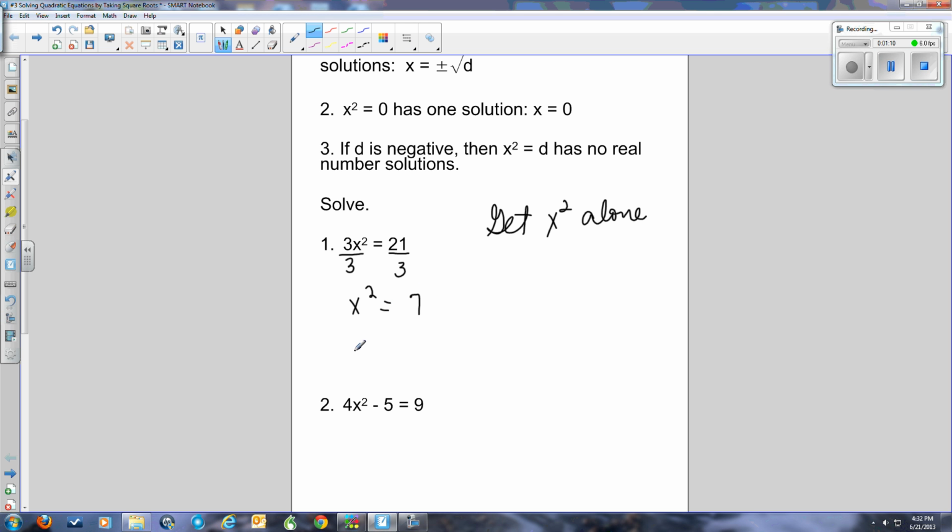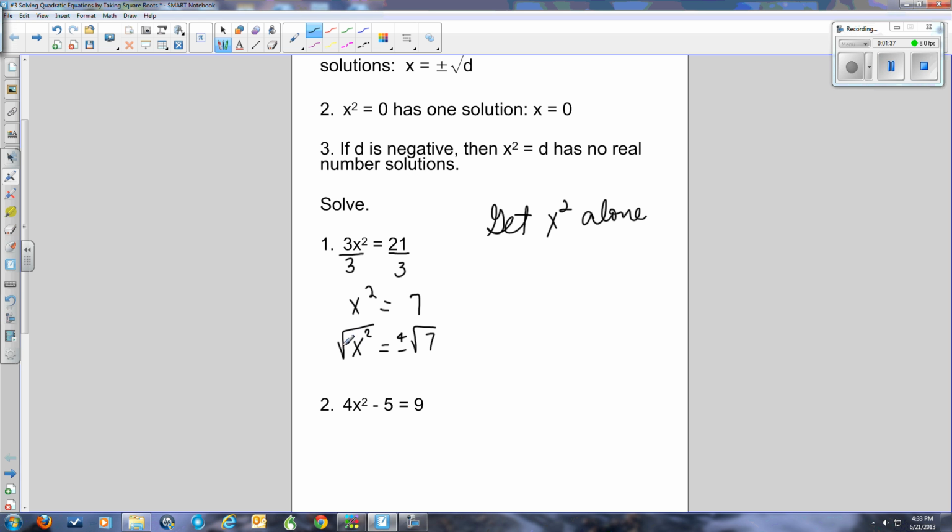Now, if you have a variable squared equal to a number, what you're going to be doing, basically, is taking the square root of both sides. Now, when you take the square root, you do get both a positive and a negative answer. So this is going to be equal to plus or minus the square root of 7.